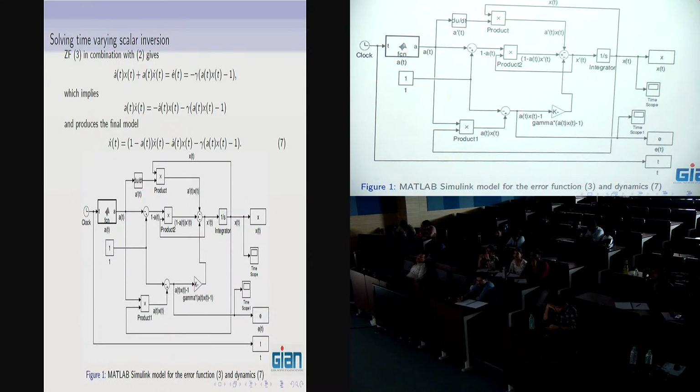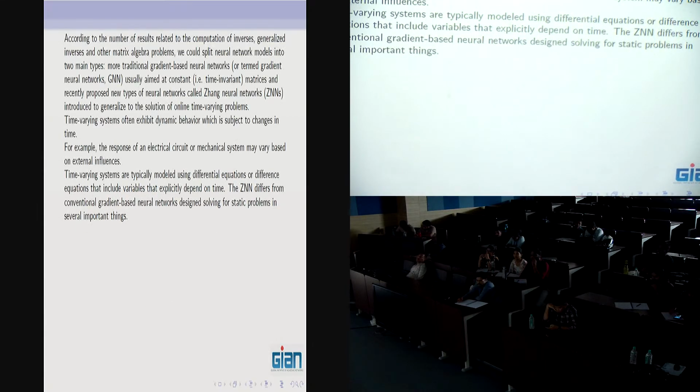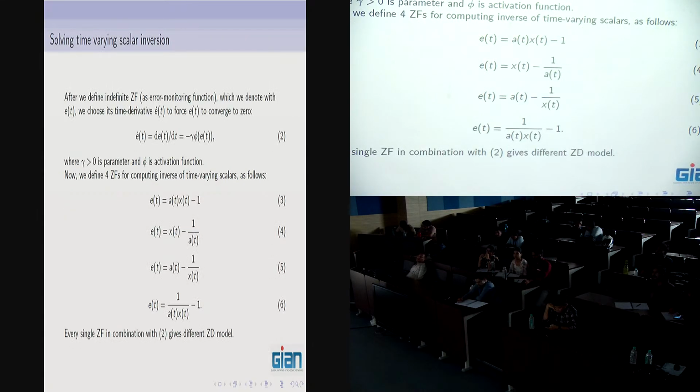I think we will have time for one more model. Model 4. Who is willing to develop a ZNN model for elementary calculus, the inverse of 2? Do you want? Are you not ready?